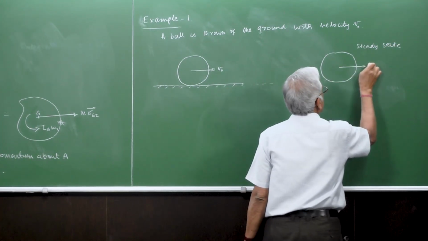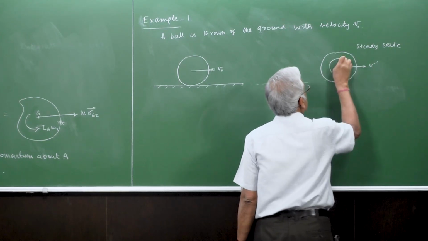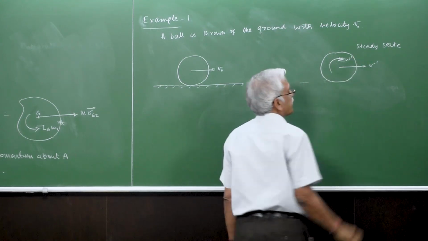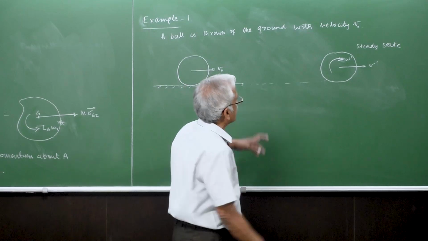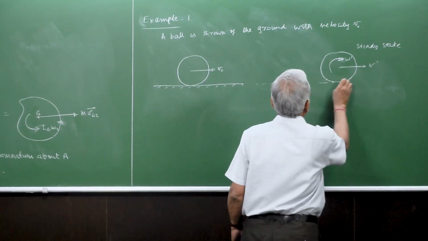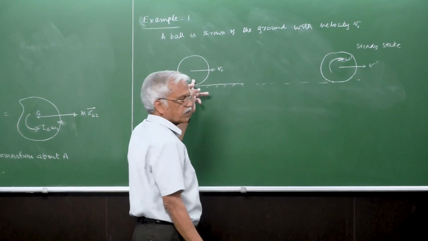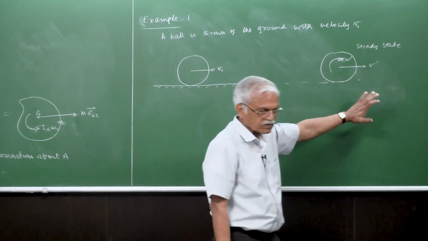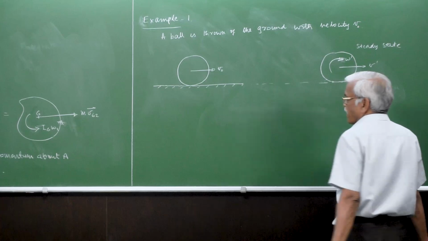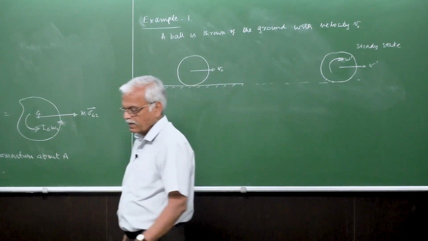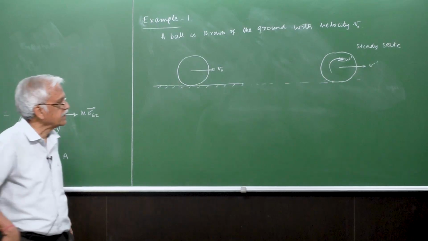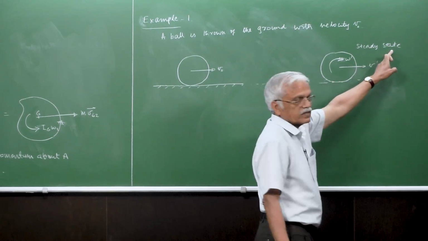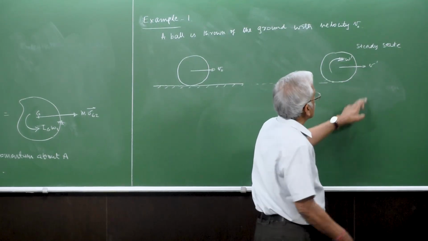It starts moving with omega prime. After some travel, because of the friction with the ground, some part of this linear velocity is converted to angular velocity. Even for that matter, the linear energy is converted to some kind of rotational energy also, and finally it reaches a steady state where it's pure rolling.